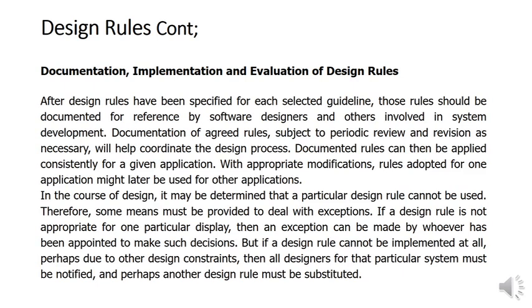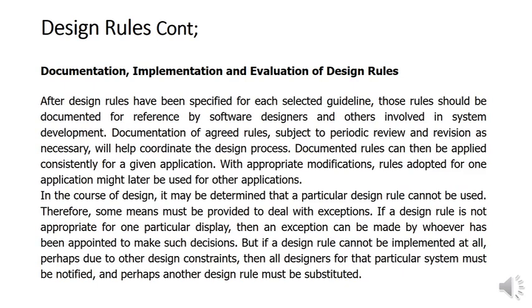What they are trying to say in the documentation, implementation, and evaluation process is that every design guideline that eventually becomes a rule must be documented for reference, so that every other player involved in the design of that application can make reference to that rule, and such a rule can also be applicable when designing another system.